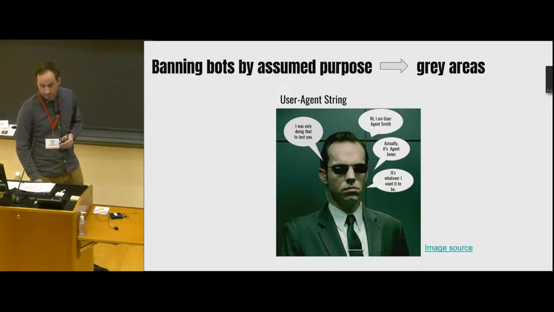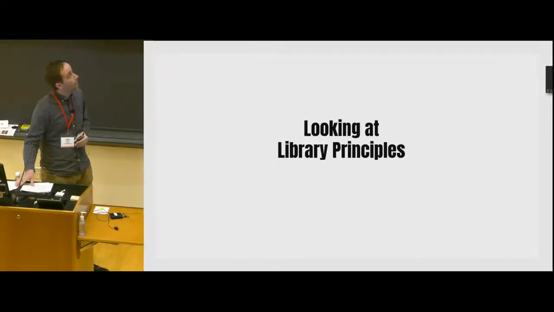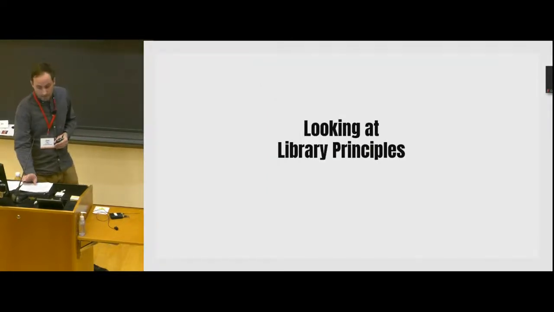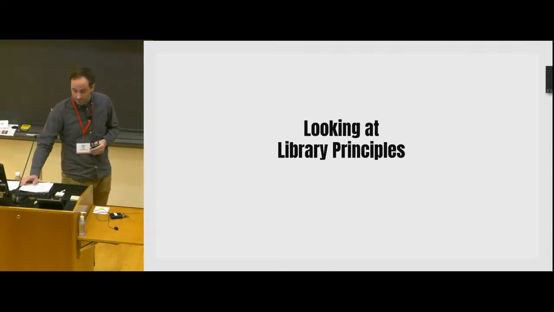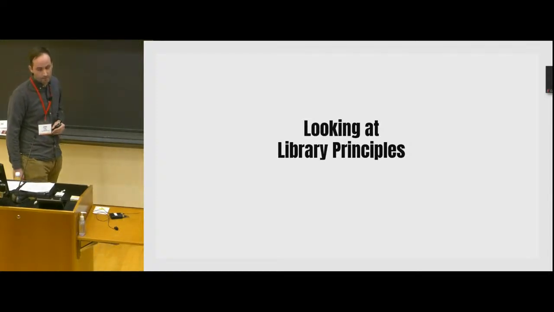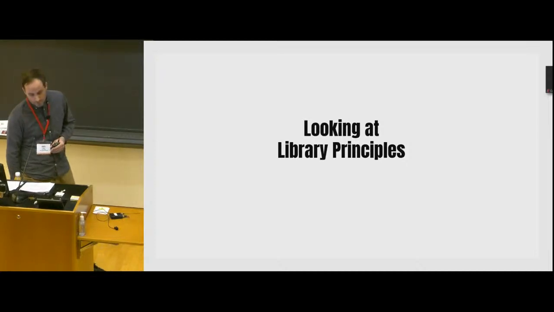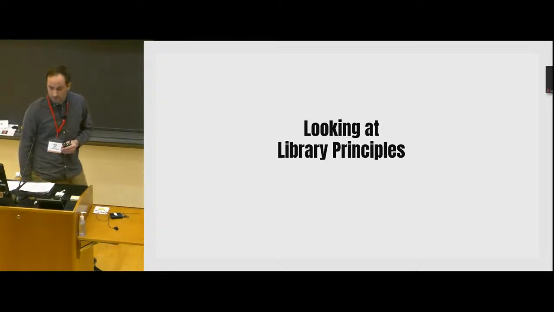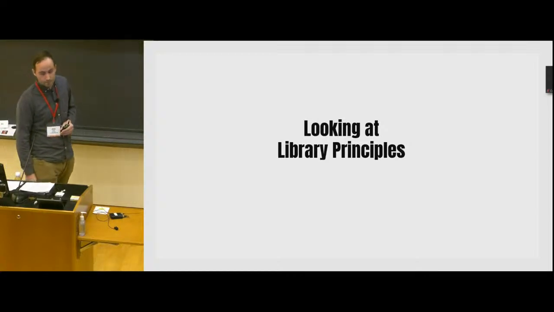So we took a step back and looked to our fundamental library principles for some guidance. We started looking at the ALA Code of Ethics and Guidelines for Library Policies, which was useful, specifically the guideline that library policies should not target specific users or groups of users based upon an assumption or expectation that such users might engage in behavior that will interfere with the achievement of substantial library objectives.